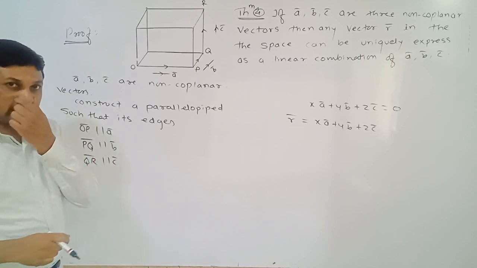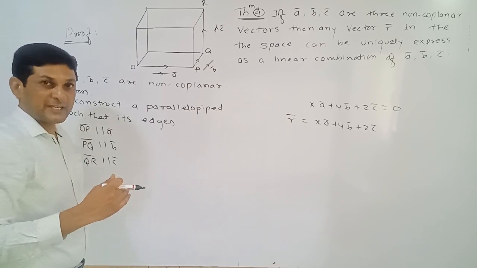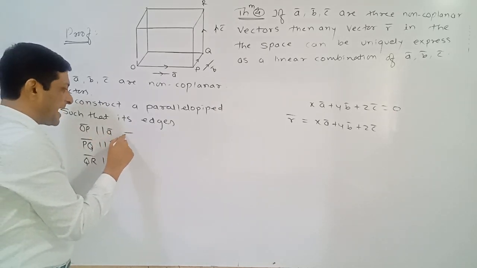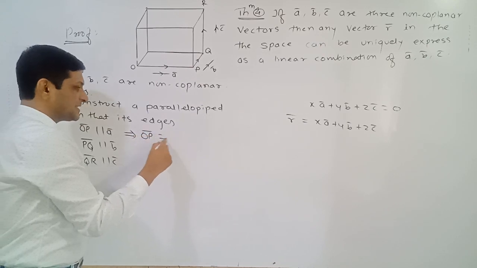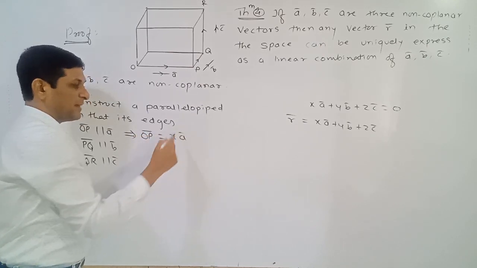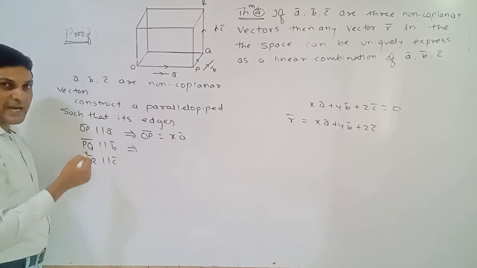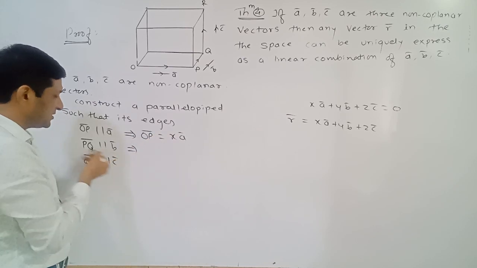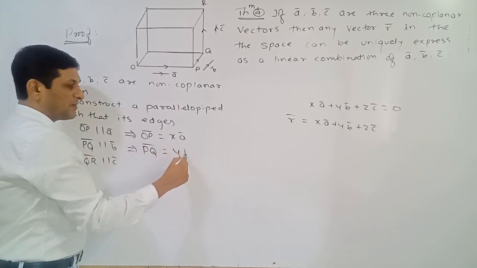Now we know that if vectors are parallel, at that time they satisfy which condition? One vector can be expressed as a scalar multiple of another. Since these two vectors are parallel, we can say that OP bar is expressed as a scalar multiple of A bar, OP bar equals x A bar, where x is a scalar. Here these two vectors, PQ bar is also parallel to B bar, and since they are parallel, again the same condition is satisfied: PQ bar is expressed as a scalar multiple of B bar.